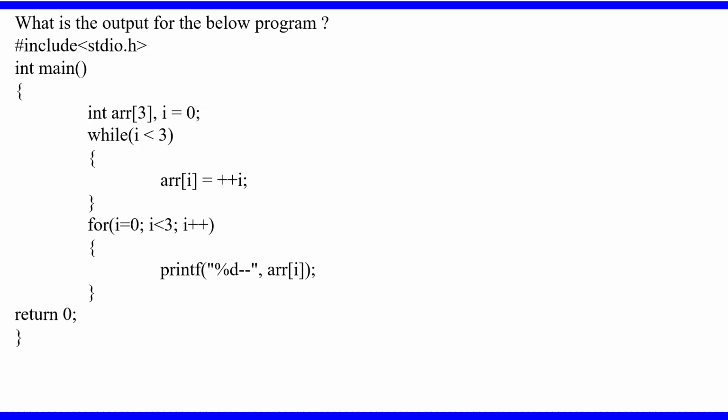Any guess of the output? What will it print? For i 0, i less than 3, i plus plus, I am printing the values of the array. So what could be those 3 values?